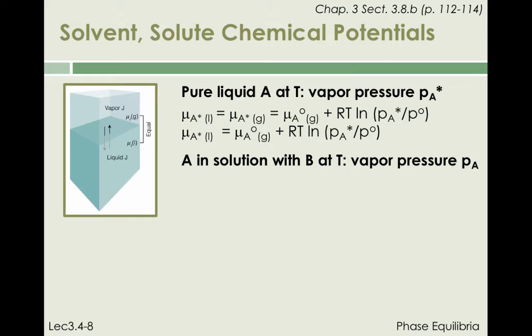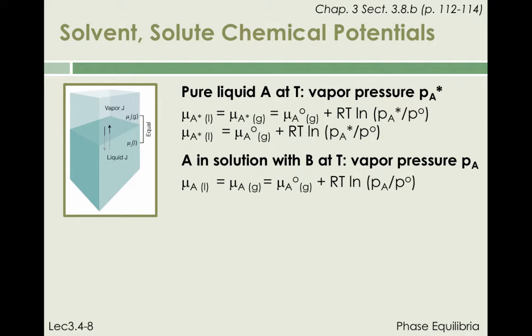We now consider the equilibrium between the solvent A in the AB solution and the vapor of solvent A in the AB gas mixture above the solution, and follow the same approach as outlined for pure A. We denote the partial vapor pressure of solvent A as PA.